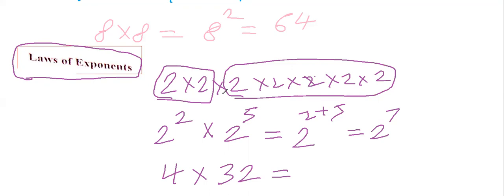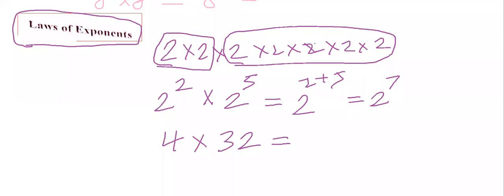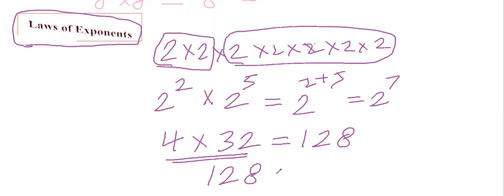So 2 to the power of 7 will be 128. And see, when you multiply these two numbers, 4 into 32, then also you get 128.